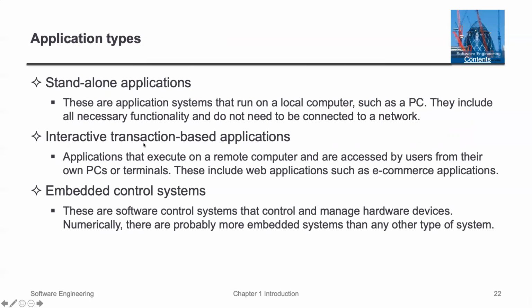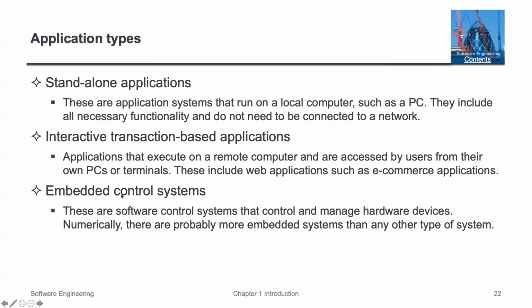In terms of interactive, transaction-based applications, these execute on a remote computer and are accessible by users from their PCs or terminals. This includes web applications such as e-commerce applications. Maybe you have a banking application that might do that. Other types of services, analytical services of many types that are cloud-based, are becoming quite common.